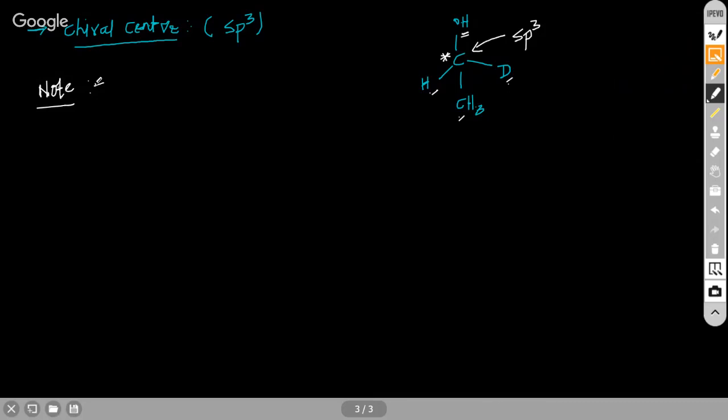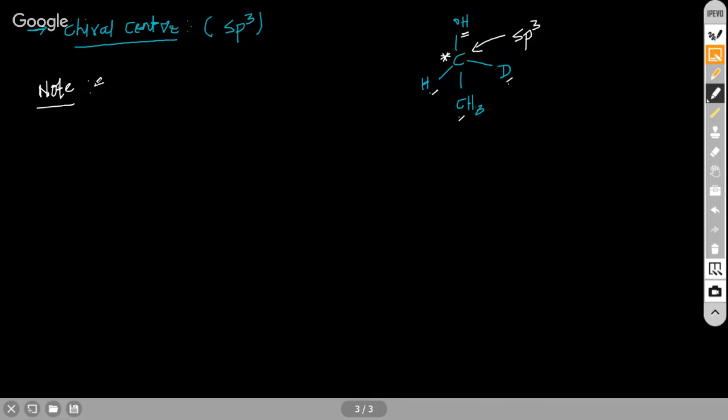But still, we have an example where there is no chiral carbon or chiral atom present, and the molecule is still optically active. We have that example also. That's why I am saying that presence or absence of chiral center is not any criteria for a molecule to be optically active.